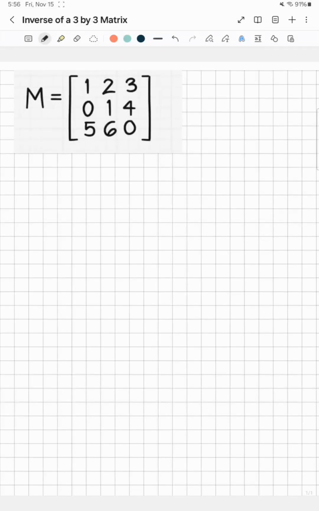Hi everyone, I'll be finding the inverse of a 3 by 3 matrix. For that, you first have to find the determinant.